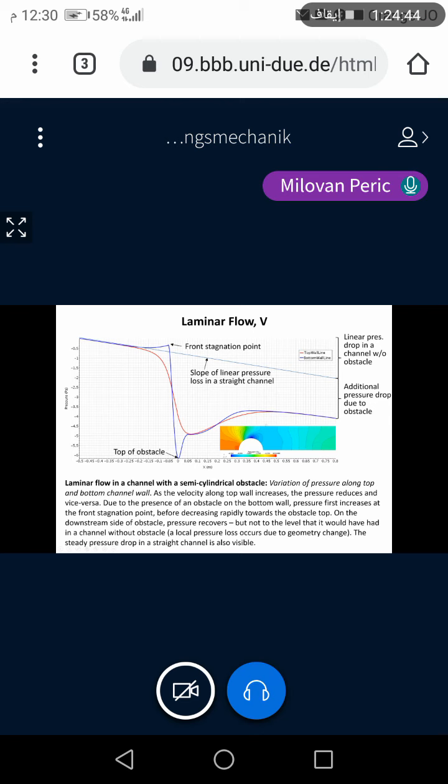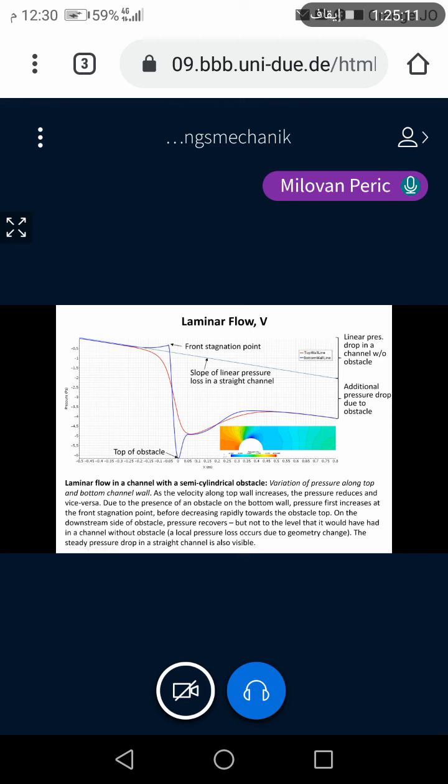The red line shows on the top wall that the pressure then starts decreasing faster than this linear shape in the straight channel, goes to some low value and then increases over a certain part, because you now have something like a diffuser behind the obstacle where the cross-sectional area increases and the velocity will be decreasing, so pressure should be increasing.